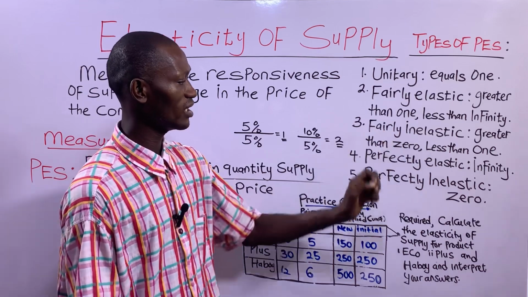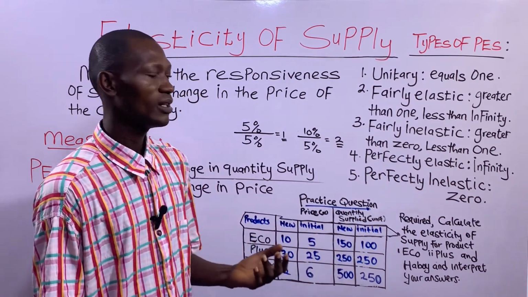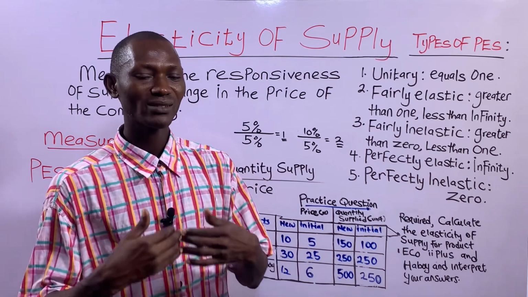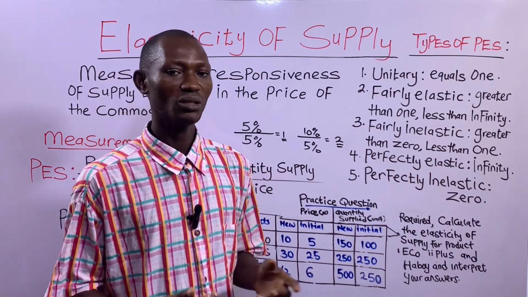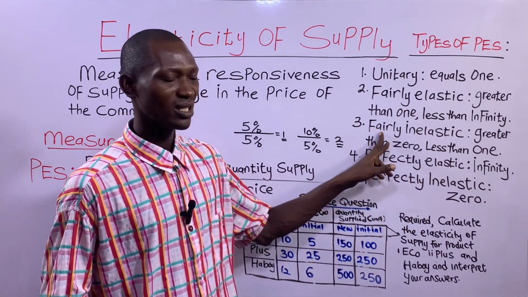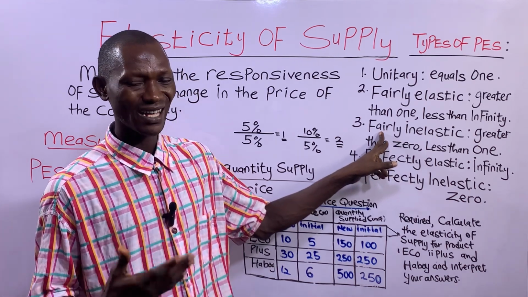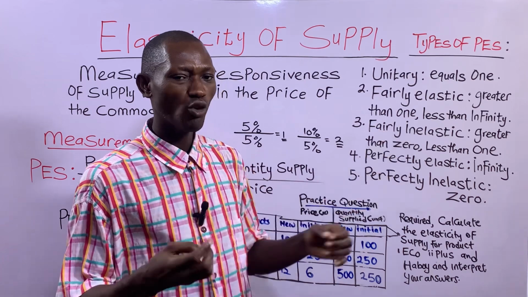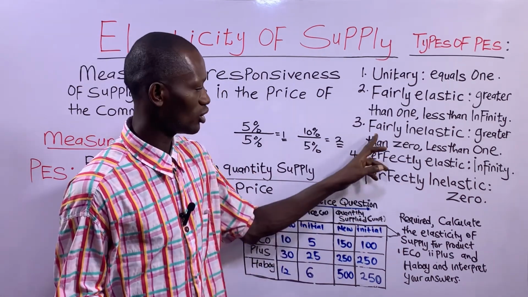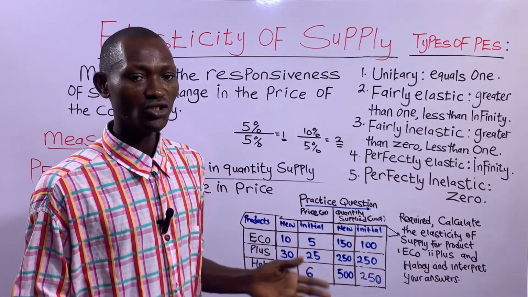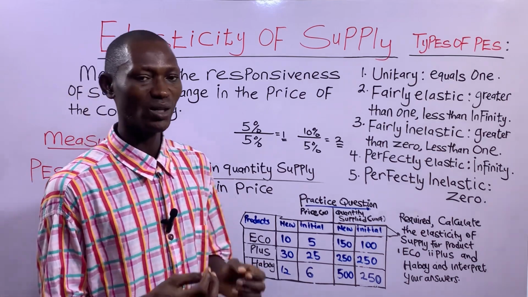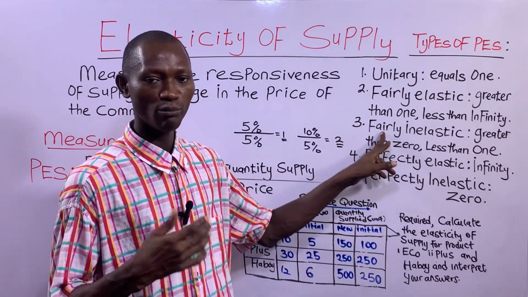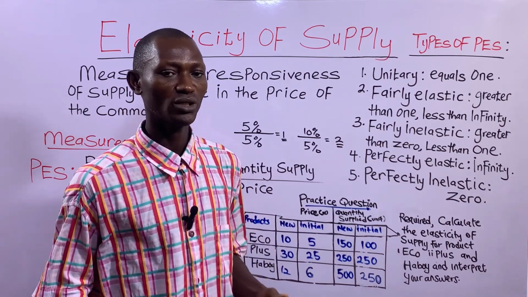But with respect to fairly inelastic, it means the supply of your products will react less to the change in the price of your products. And here it means your goods have, let me say, poor substitutes, because a percentage change in the price of your products will lead to little change in the supply of your products, and that's because you have poor substitutes as a producer.